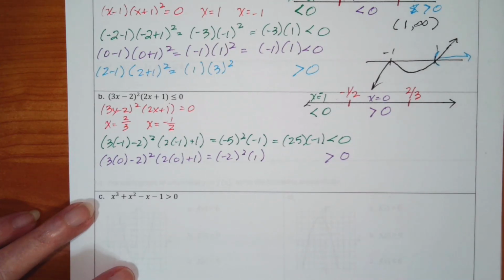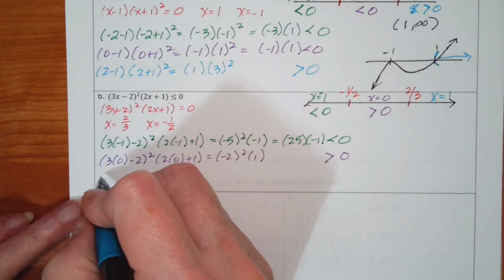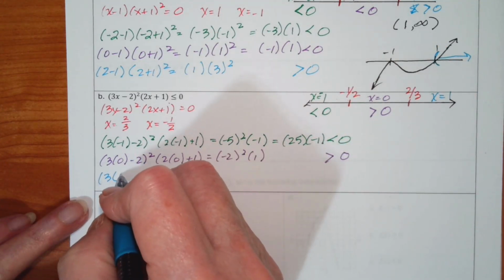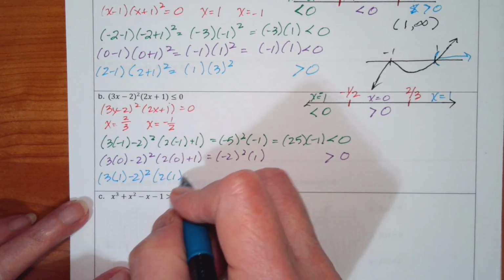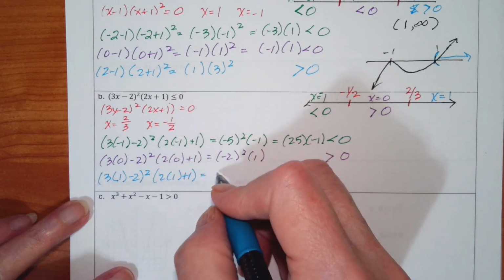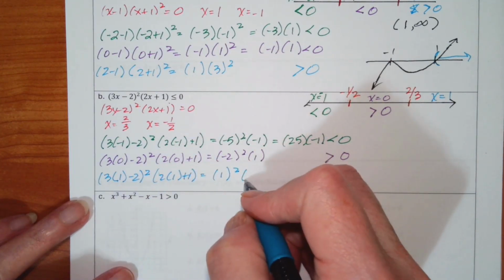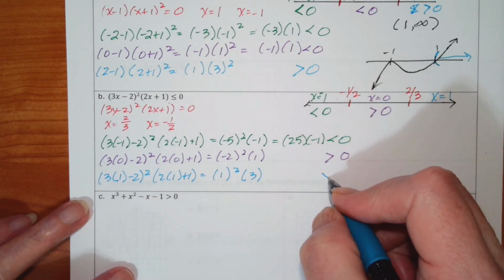And here I'll choose x equals 1. So (3 times 1 minus 2) squared times (2 times 1 plus 1). This is 1 squared times 3. And again, this is greater than 0.